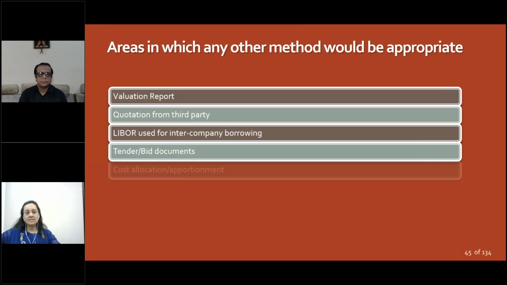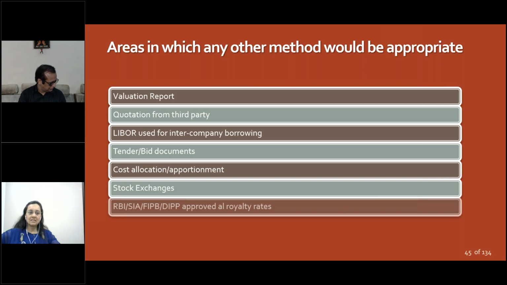Now, what are the things that can be used under the other method? These are they. A valuation report. Like in the example of sale of shares, how do you say that this sale of shares is at arm's length price? You have a valuation report. Or an Indian entity buys some machinery from its foreign AE.